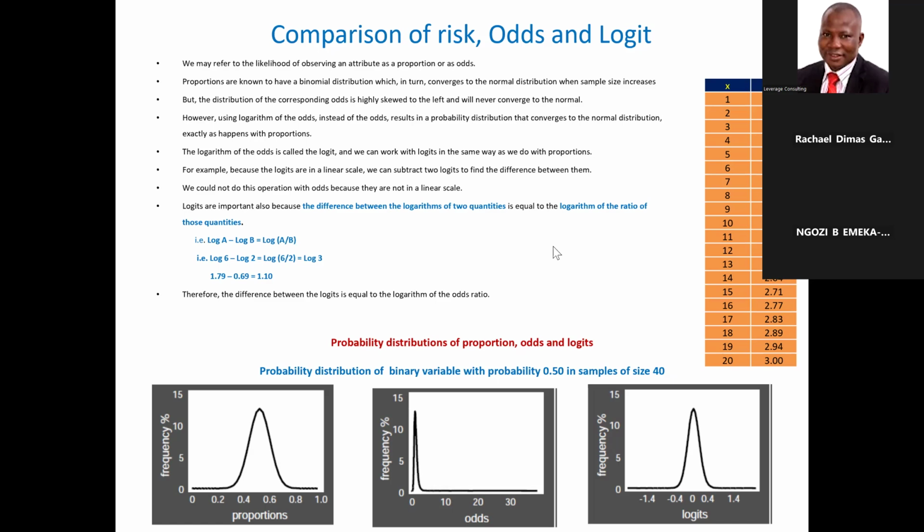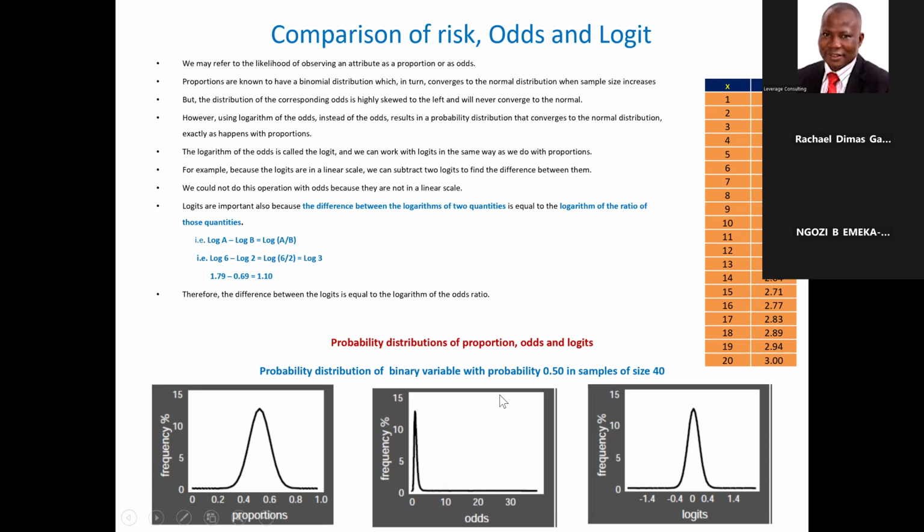That is, if you calculate log 6, you calculate log 2, and subtract, it is like log 3. Therefore, the difference between the logits is equal to the logarithm of the odds ratio.